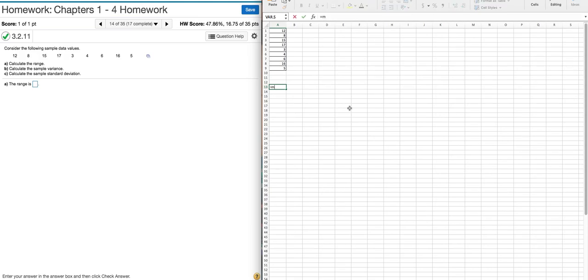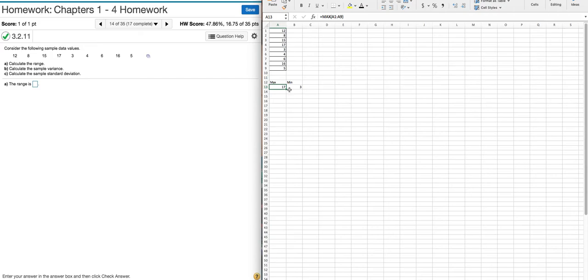If we do max, we would just simply put the range of cells into the parentheses that points out the max or largest number, and then we can do min. Min, do the same thing, put the range of cells within the parentheses. And so what this has done is just simply picked out the largest, the max, and the smallest of the figures in the data set.